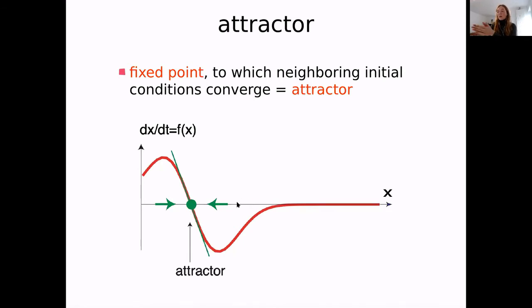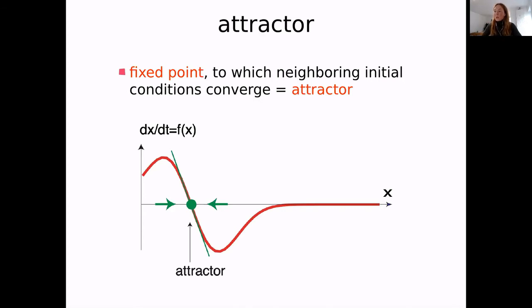And all states at the left-hand side, so at smaller state values, are driven to higher values, because here the time derivative is positive. And this is why we call it an attractor. But we will define an attractor in a more sophisticated way later.